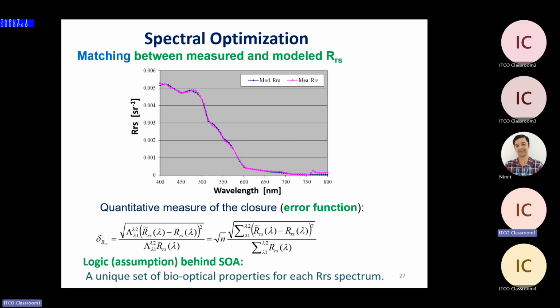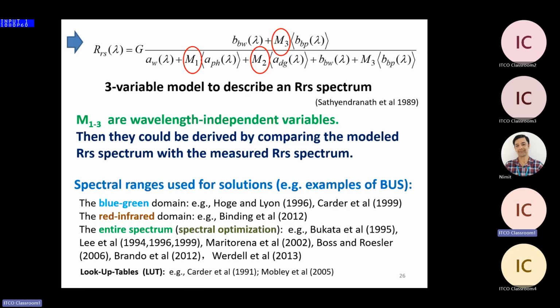But actually, you can imagine it's not unique, because when we get to this equation, we already assumed we know the BBP spectral shape, APH spectral shape, and ADG spectral shape. So if you use a different spectral shape for BBP, APH, or ADG, you're guaranteed to get different M1, M2, M3 values. That's a fundamental uncertainty in ocean color remote sensing, because we simply have too many unknowns but just a limited number of equations.